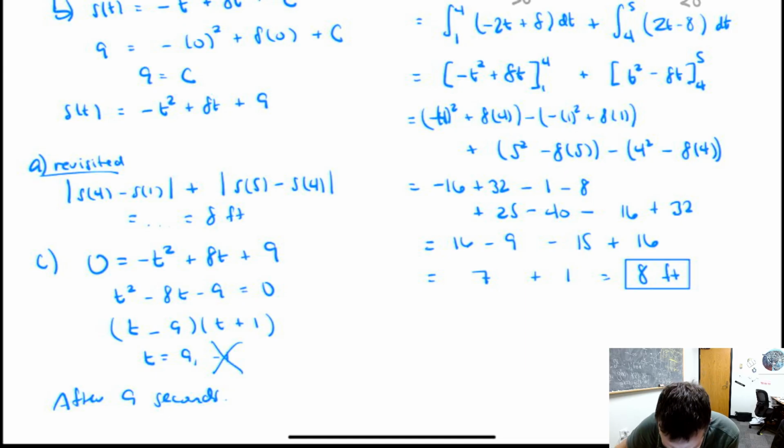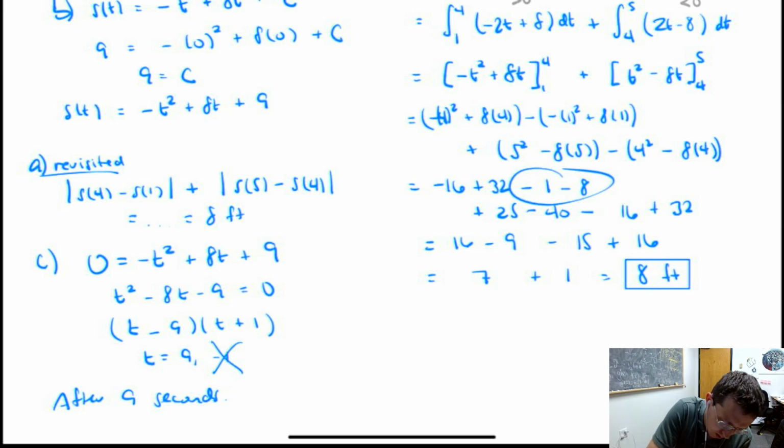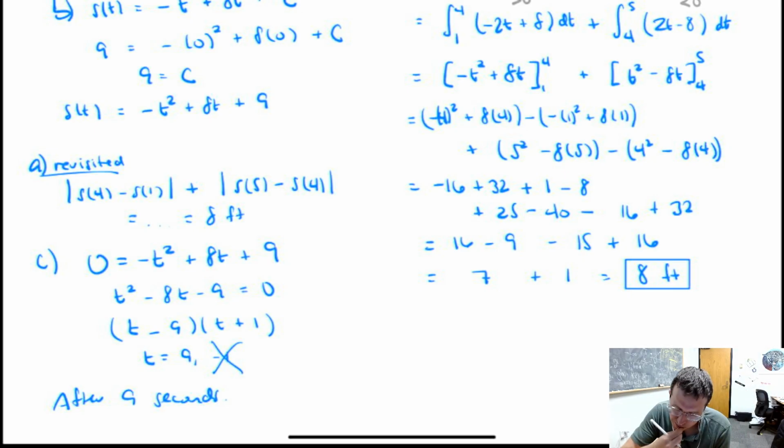Oh, wait. Yeah, right here. So that should be plus 1 minus 8. So then we're only subtracting 7, which leaves 9. And so we get 9 plus 1, which is 10. All right, thank you. There we go.